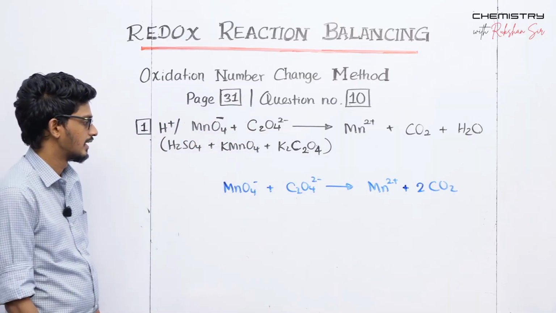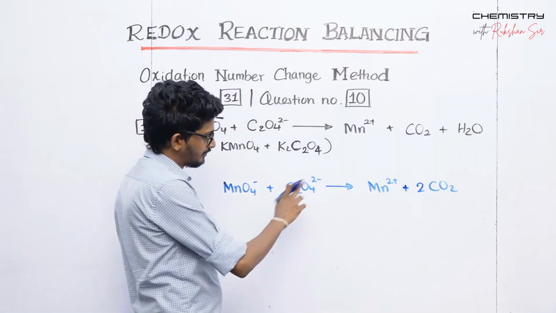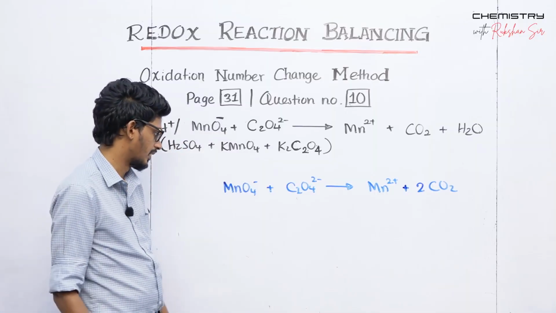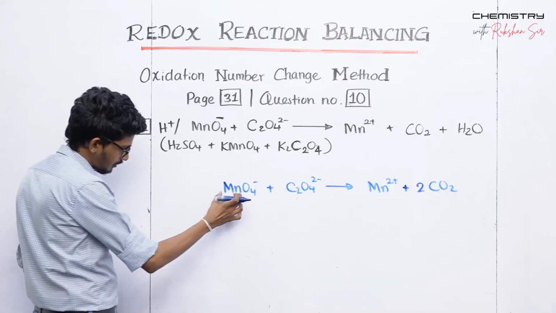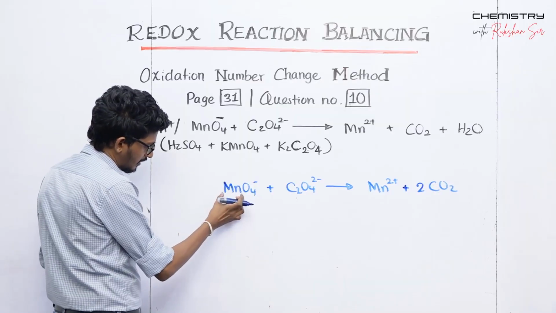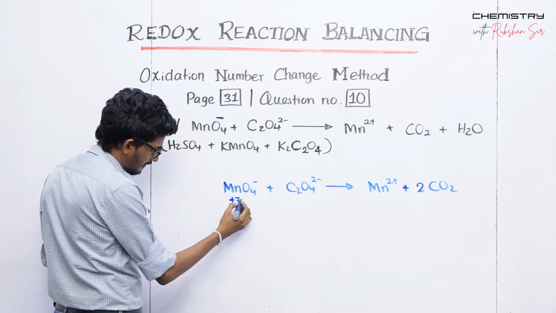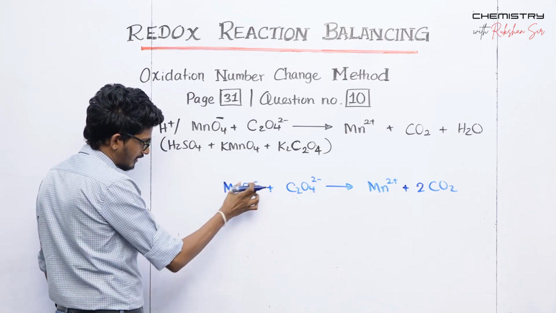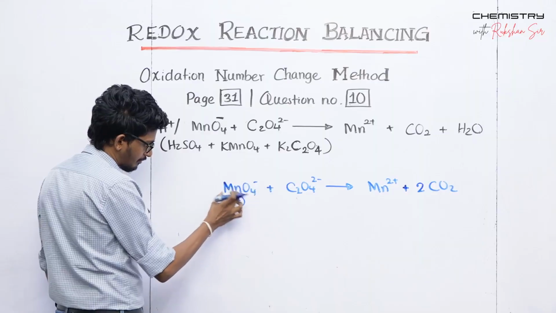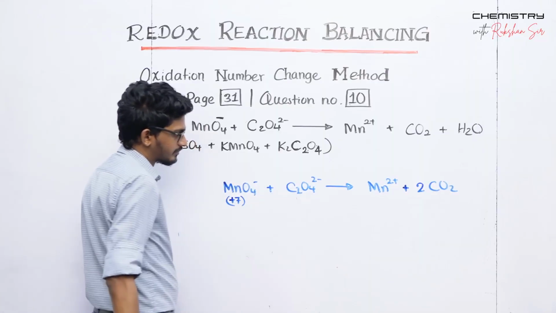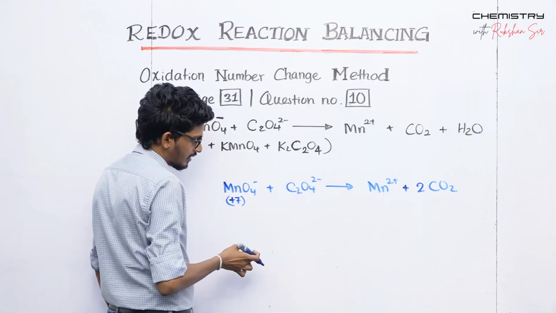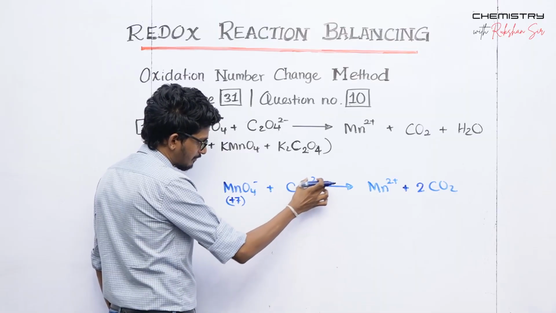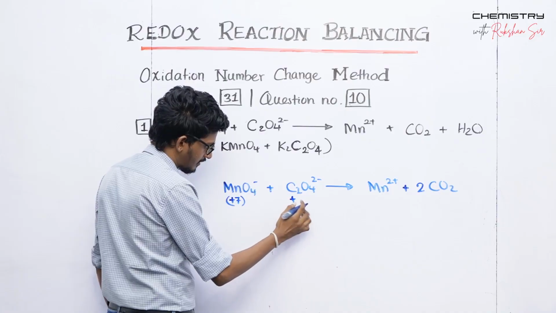That is done. Then balance the oxidation states with the use of electrons, or with the use of the least common multiple. Let's do that. Here the oxidation state of manganese is +7, since the four oxygens give -8 and the charge is -1.